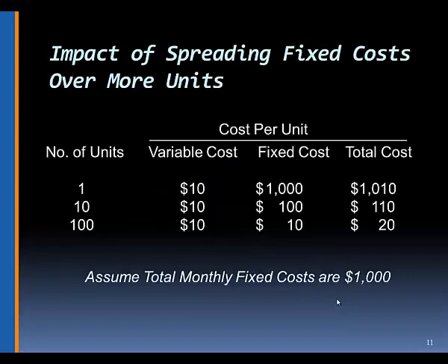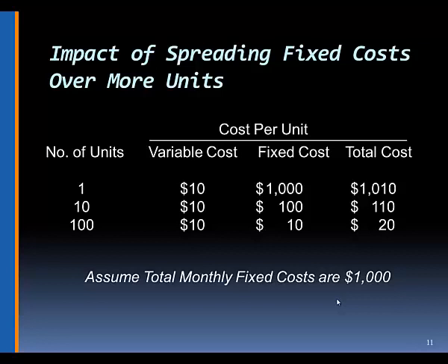For a moment, let's talk about the impact that fixed costs have on our total cost per unit. Remember, we do not increase our fixed costs in the short run as we increase our units of production. At some point, we will increase our fixed cost, but for now, let's assume they're constant over a certain range.